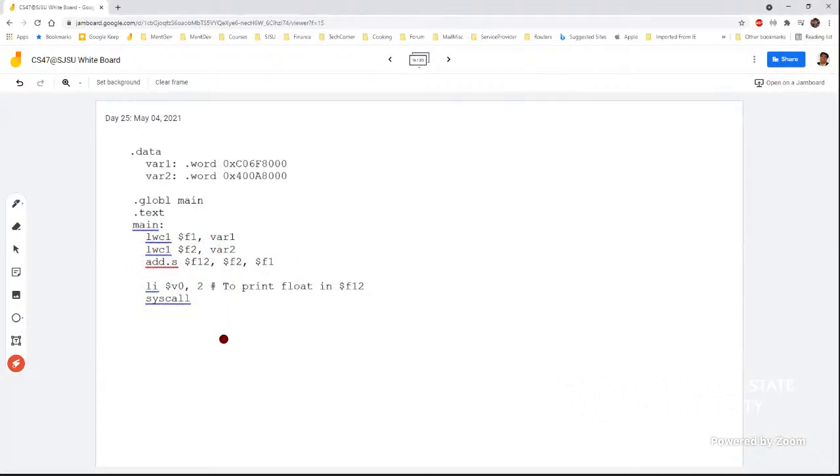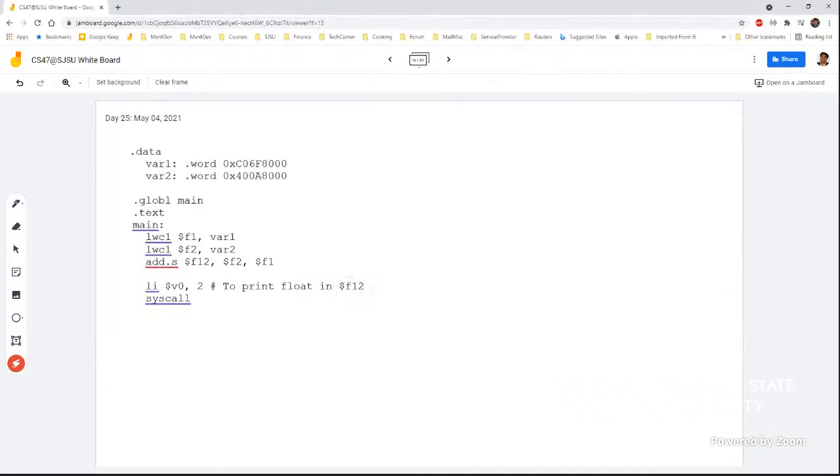Add.s, and then another unknown thing: a system call with code 2 in $v0. This basically prints the corresponding floating point number on screen from the $f12 register.